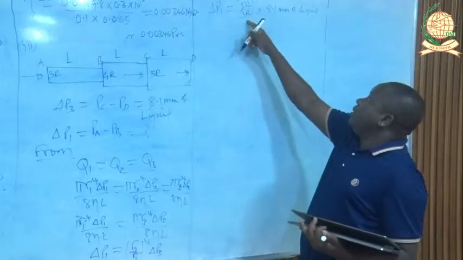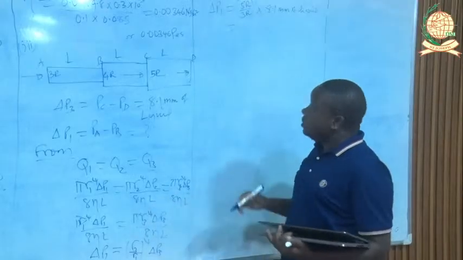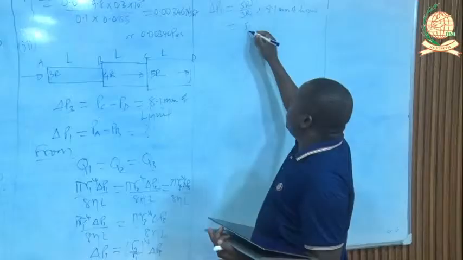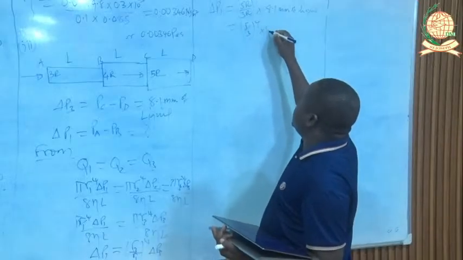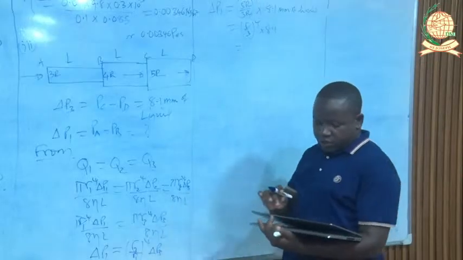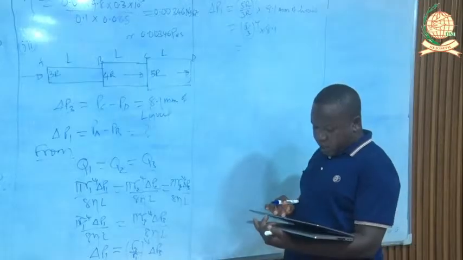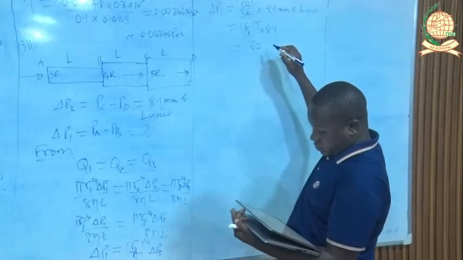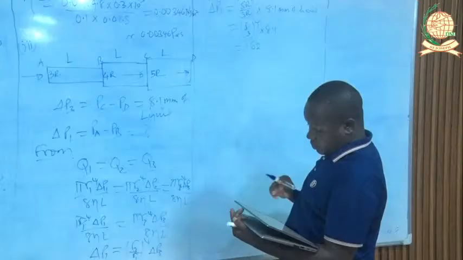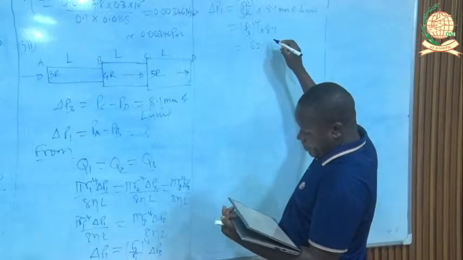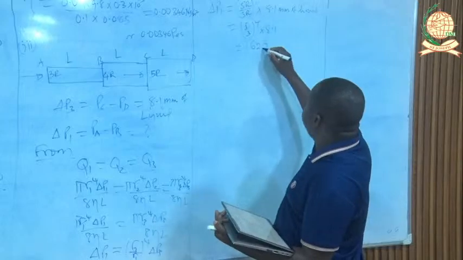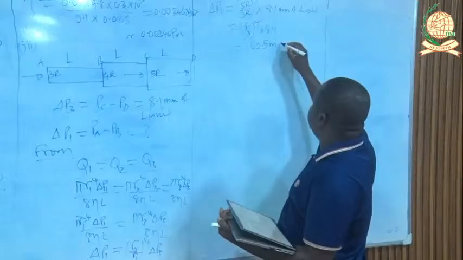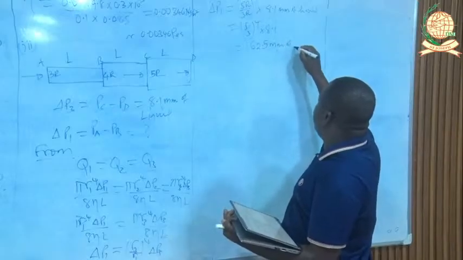If you calculate, you will get R and R cancel out, so it is just 5 over 3 exponent 4 times 8.1, which on calculating you will get 62.5 millimeter of liquid.